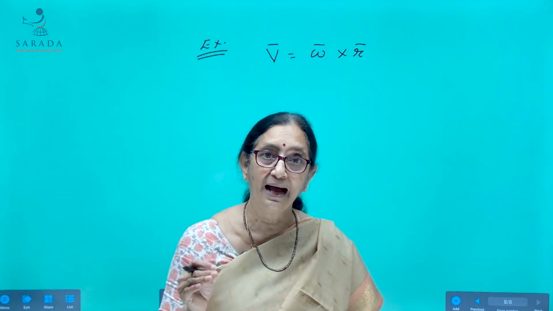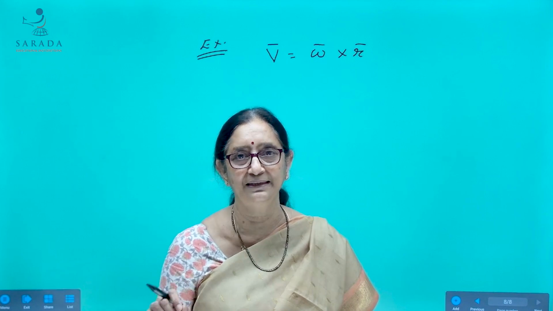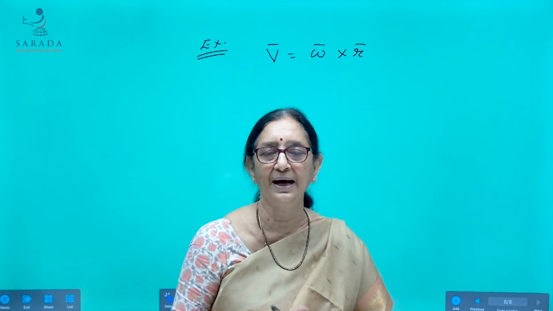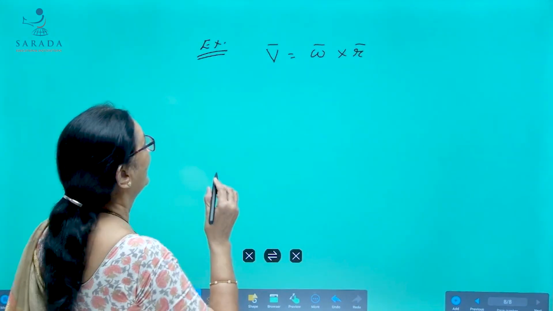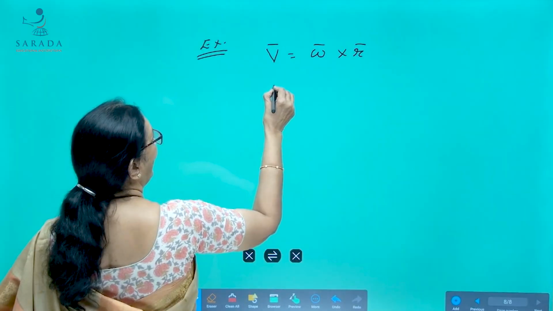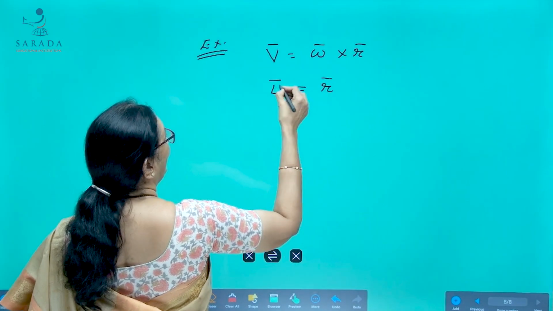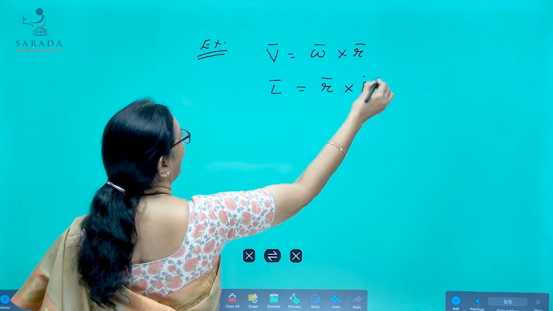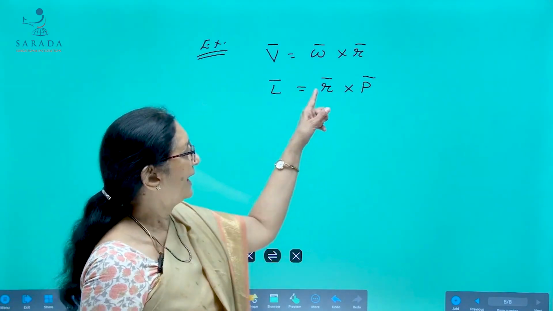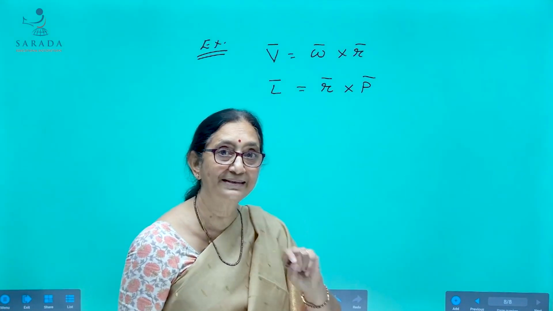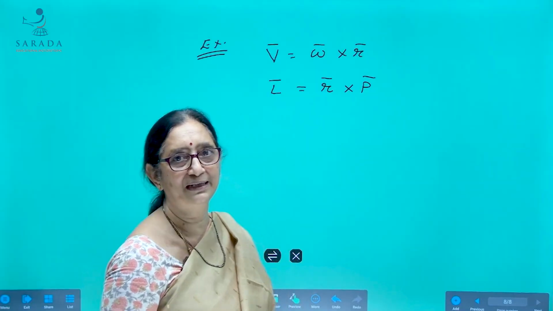Omega bar is the angular velocity of the particle in circular motion. R bar is the radius vector. And the next one is angular momentum of a rotating body, given by L bar is equal to r bar cross p bar, where r bar is the radius vector and p bar is the linear momentum of the rotating body.